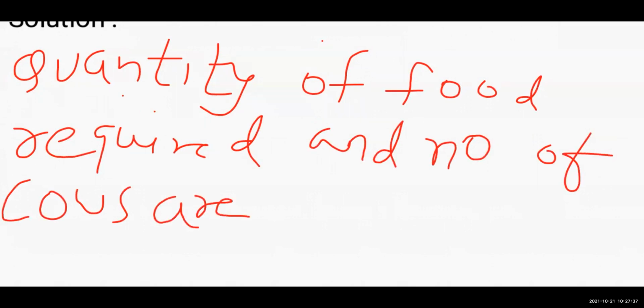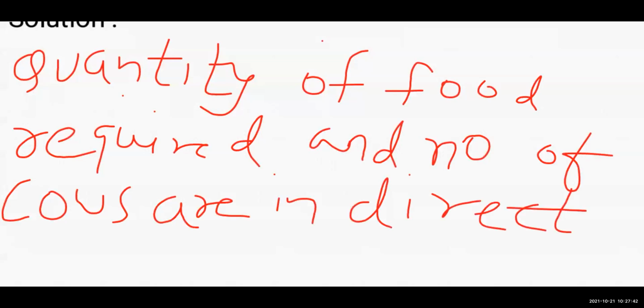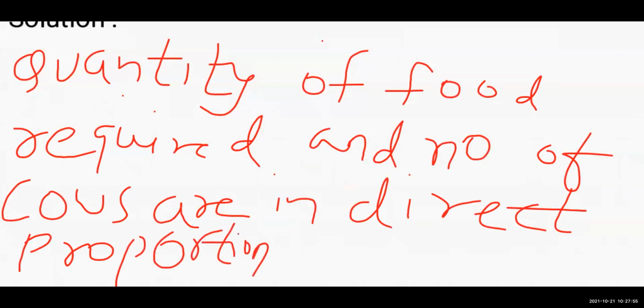Are in direct proportion. Clear? What is our next statement? Quantity of food required and number of cows are in direct proportion.